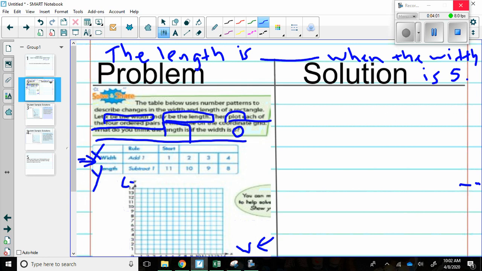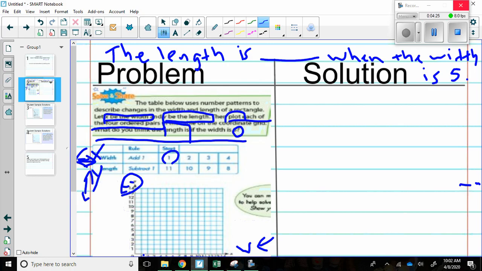So the first thing I need to do is find, I'm starting with 1. So I find 1 on my graph, and then length is the y-axis, and when we do the y-axis, we go up or down. So x is across, y is up and down.